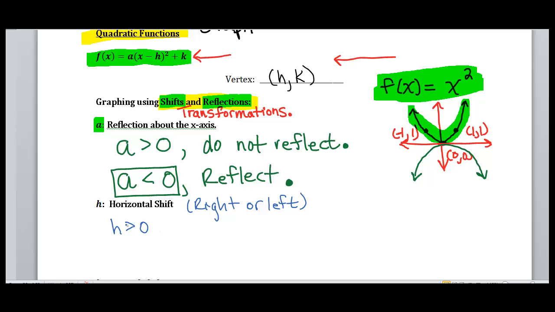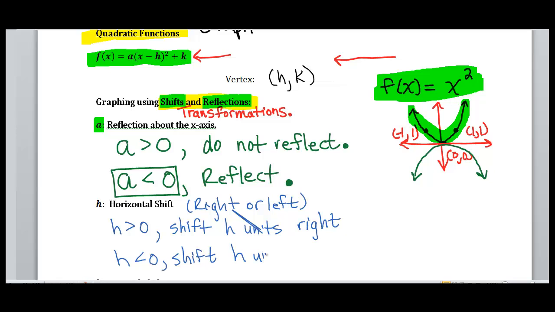If h is greater than 0, that tells us to shift h units to the right. And if h is less than 0, that tells us to shift h units to the left. It's basically based off of wherever the x-coordinate of your vertex is.